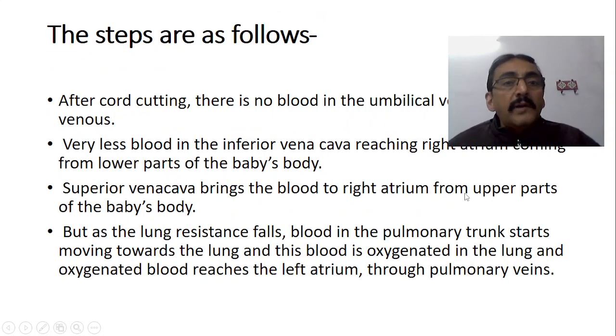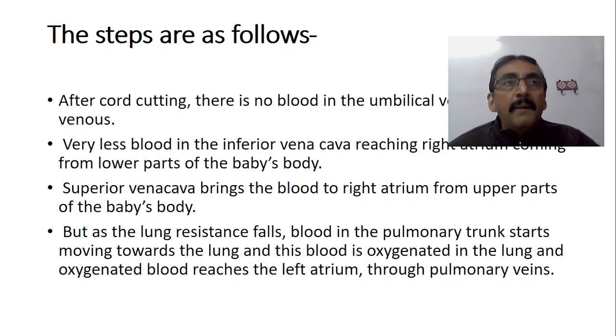Now after the cord cutting, what are the different steps? We'll see one by one. After the cord cutting, there is no blood in the umbilical vein, isn't it? We have cut the cord, so now there is no blood supply from the maternal side to the fetal or baby side.